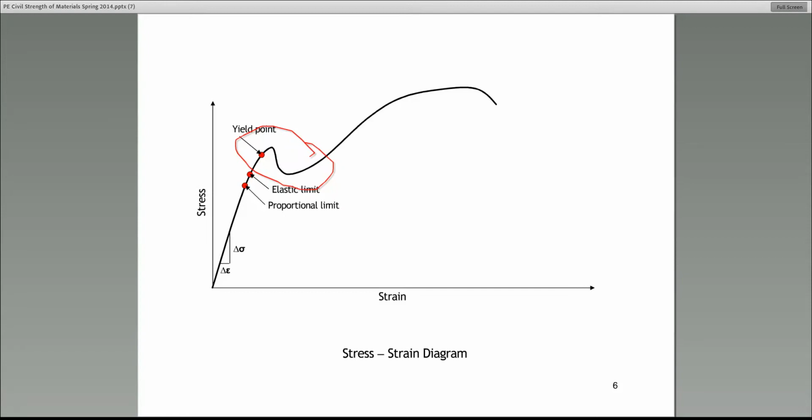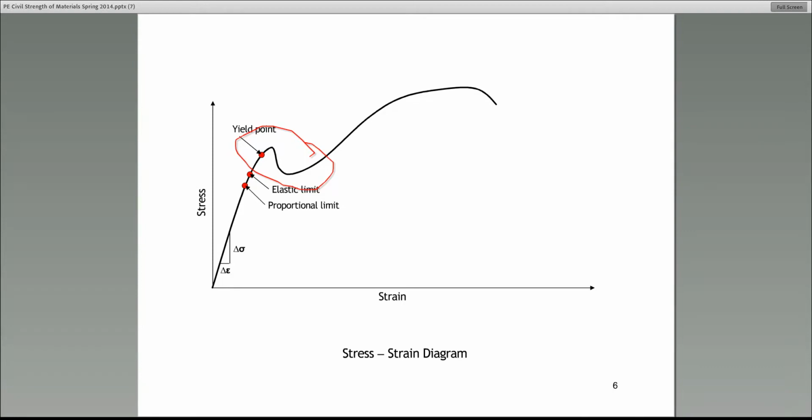Paul is asking, would you describe the difference between the elastic limit and the proportional limit? The proportional limit, as I said, below that point, the stress strain curve is linear. X and Y are dependent on each other. They're proportional to each other. The elastic limit is somewhat higher than the proportional limit. So they are not exact same point.